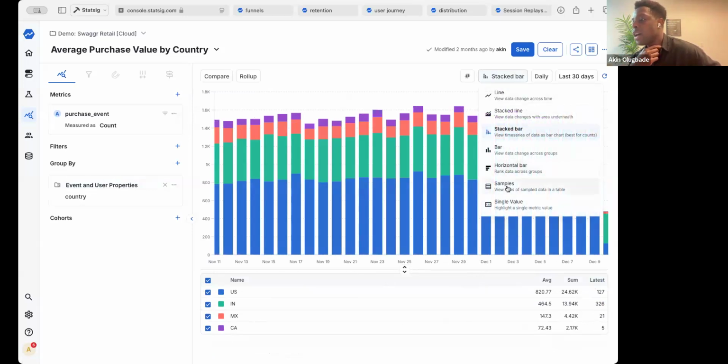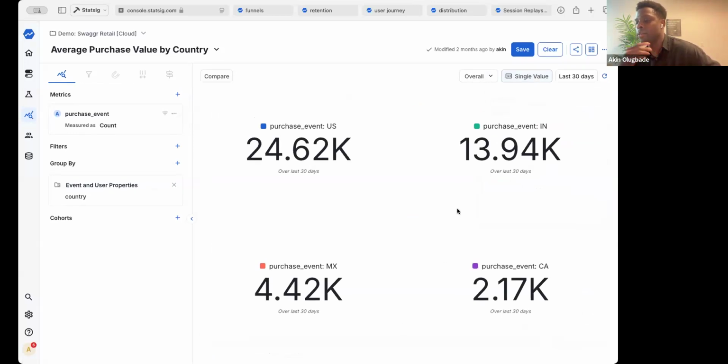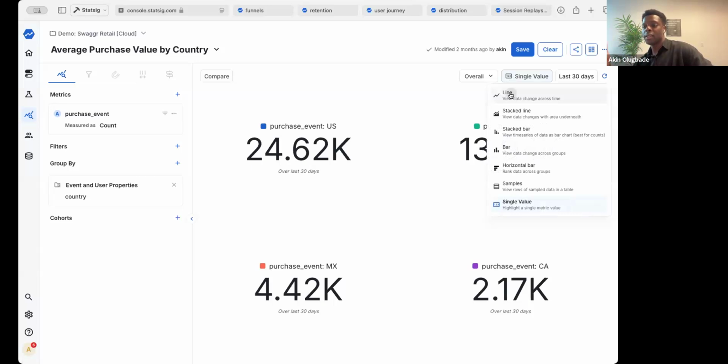Horizontal bar charts, event samples, and then single value views, which are also great for putting these big and bold on a dashboard to understand the actual impact at a quick glance.